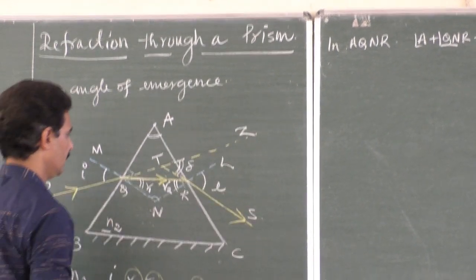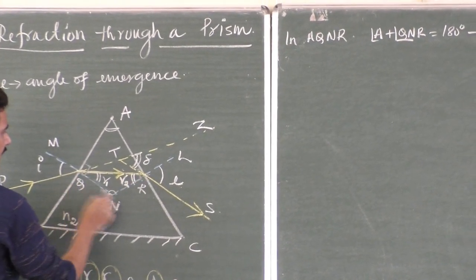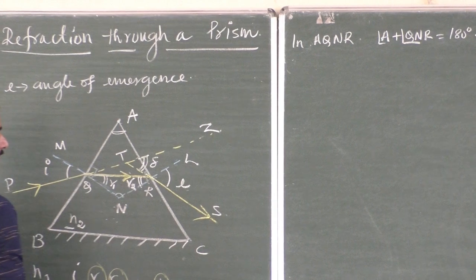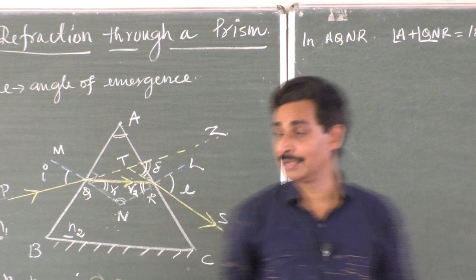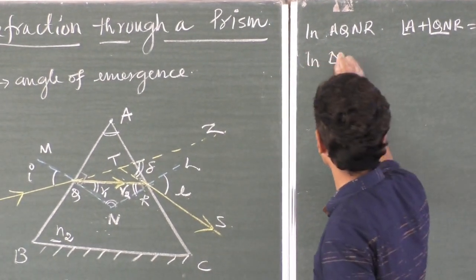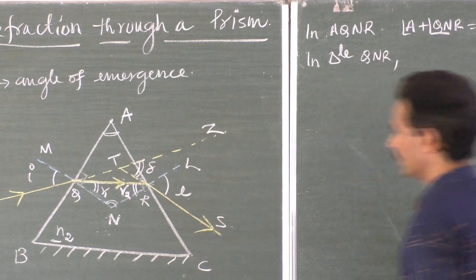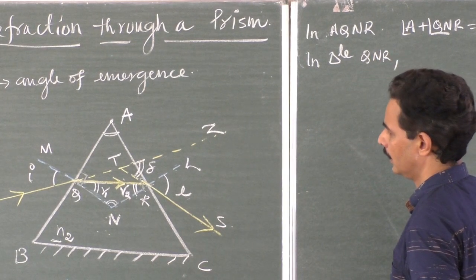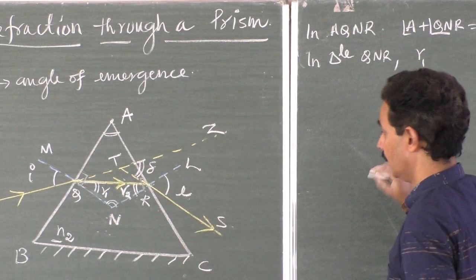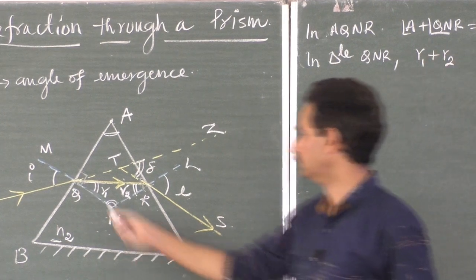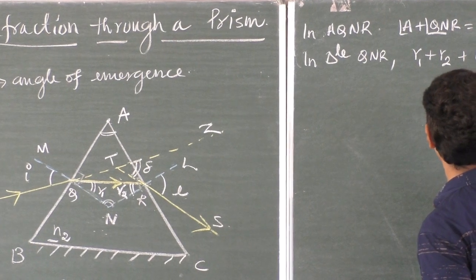So that is finished. Okay, then you take this triangle QNR. R1 plus R2 plus N must be equal to 180 because the sum of the angles of a triangle is 180. So in the triangle QNR, I can write R1 plus R2 plus angle QNR must be equal to 180.